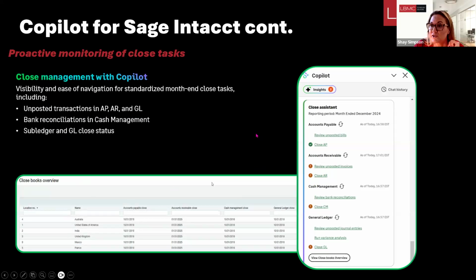Again, proactive monitoring of close tasks. How many of you have used the checklist functionality in Intacct? If you have, you'll notice there are a few nuances to it.